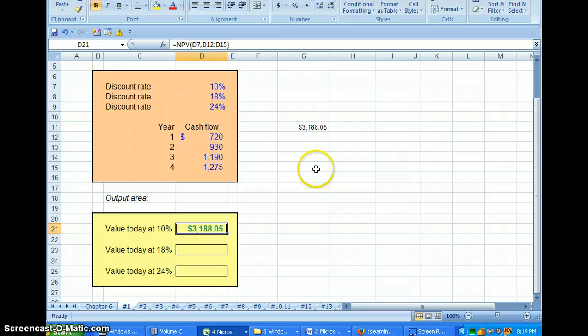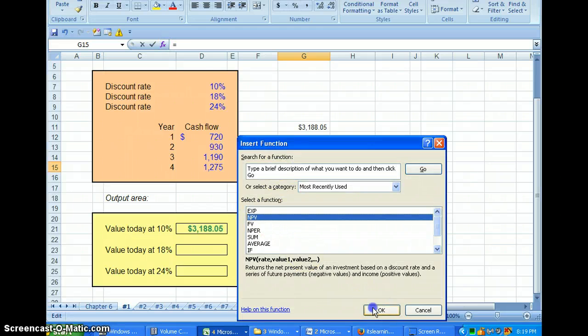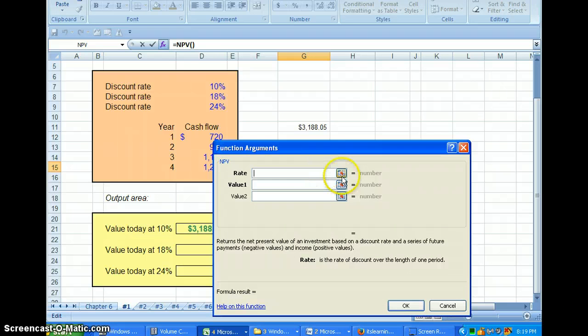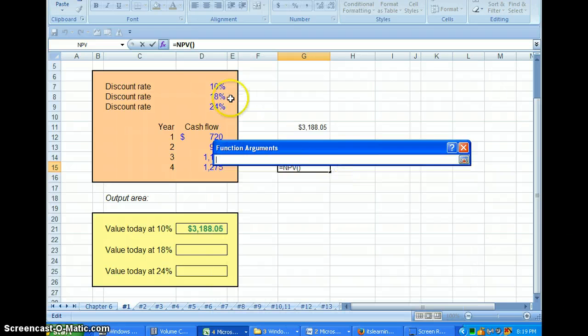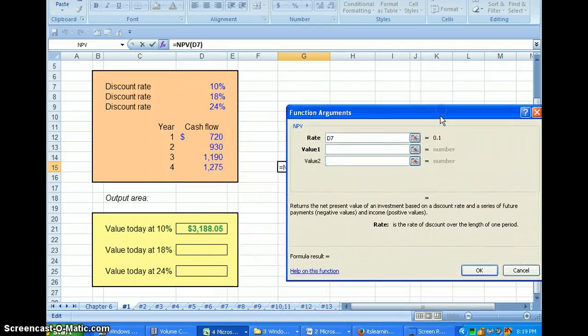And what you're doing is you're going to get a net present value, NPV, and the rate is 10%, and the next function is value.